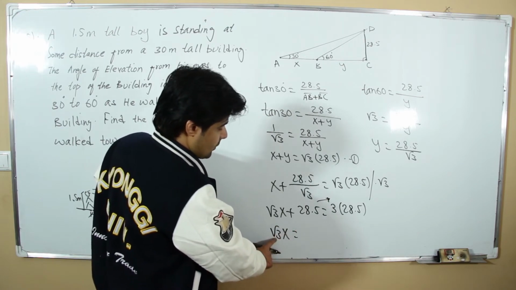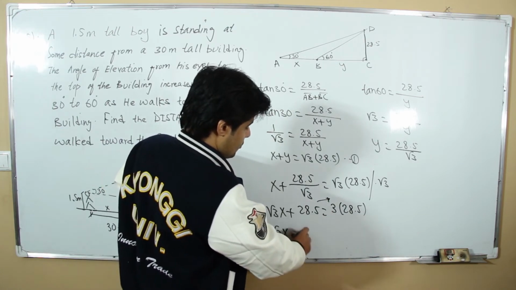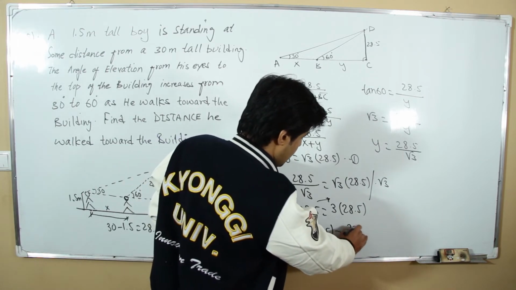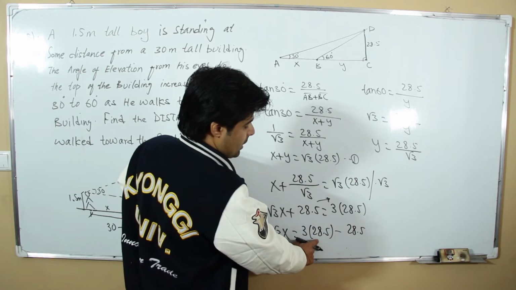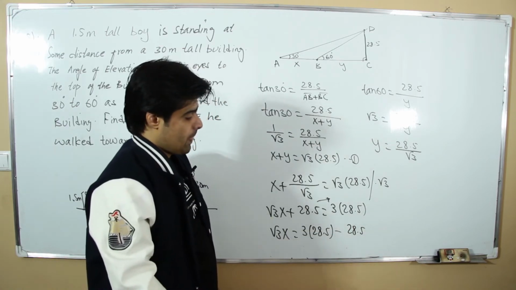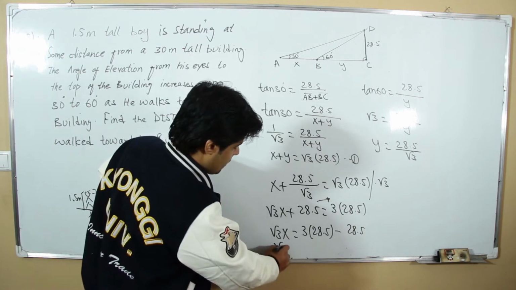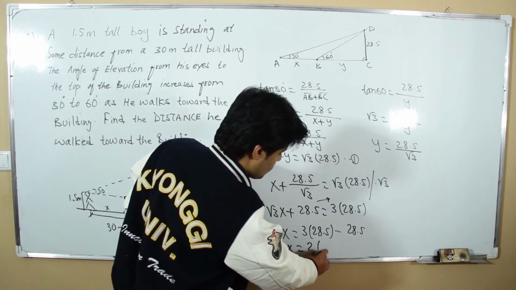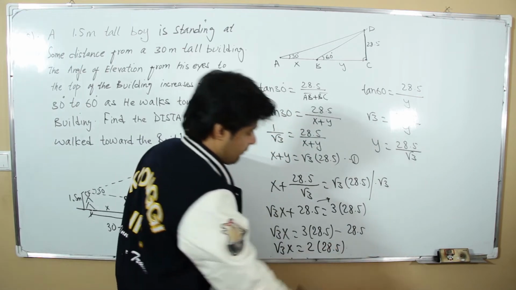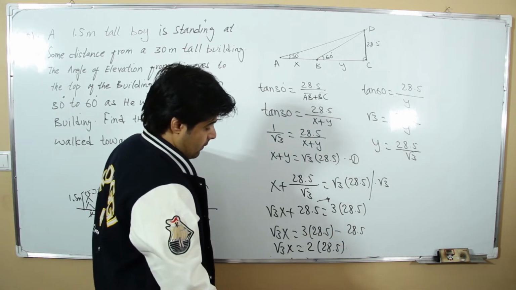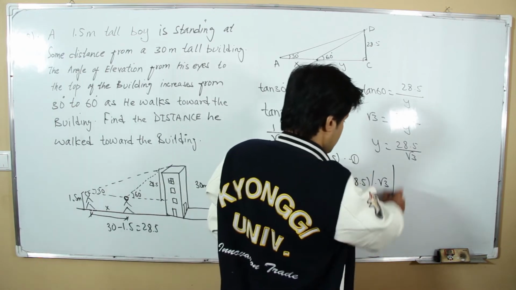We will have root 3x is 3 times 28.5 minus 1 times 28.5. From 3 times 28.5, if you decrease one of them, it would be 2 times 28.5. If you minus this one, you will have 2 times 28.5, and divide both sides by root 3.